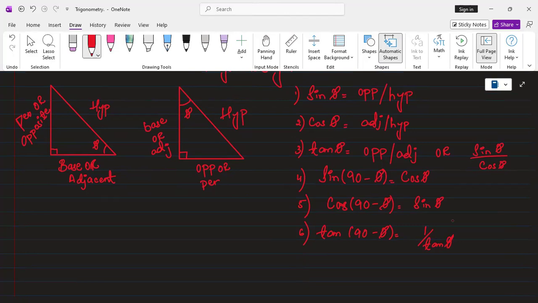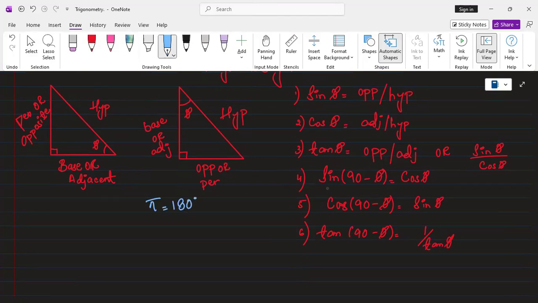Now, basically, the calculation that we are doing currently is in terms of degrees. That's why I'm representing it with theta. But in case this angle would be in radians, you should remember this thing. The conversion factor of radians to degrees is pi is equivalent to 180 degrees.